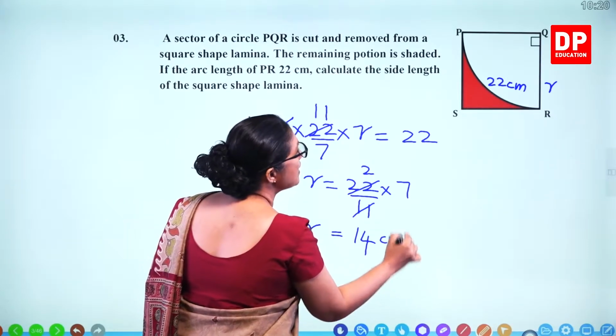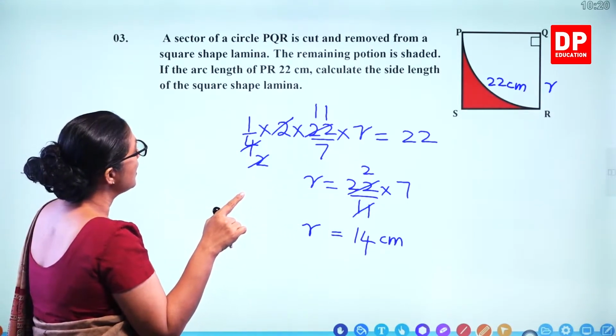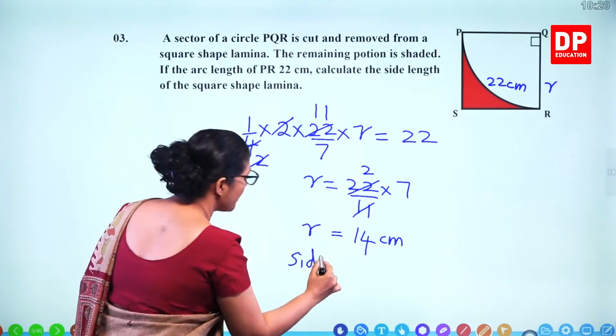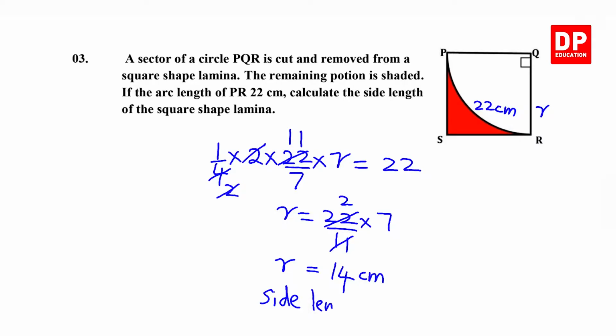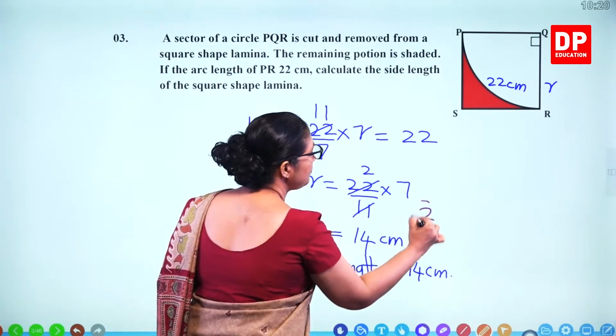So r means the side length. So that's PQ or SR. Side length is equal to 14 centimeters. So 2 marks for that.